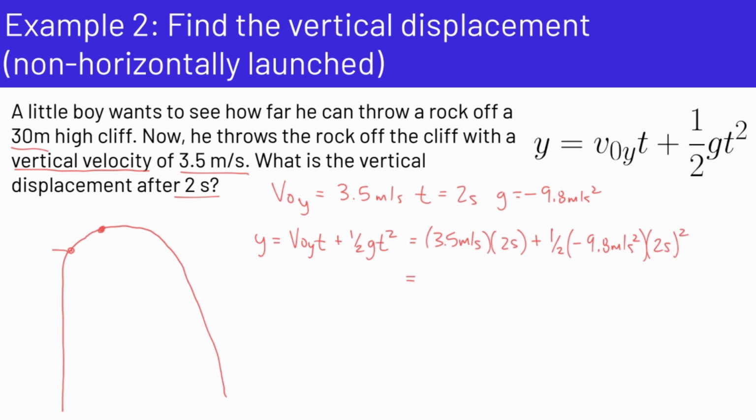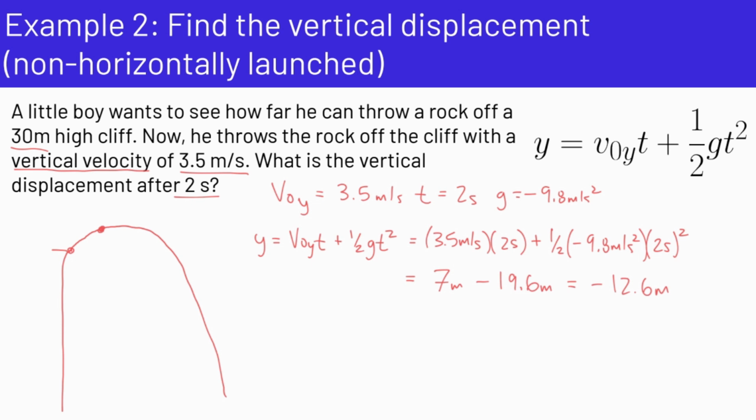So we have 7 meters minus 19.6 meters, which gives us a total displacement of minus 12.6 meters.